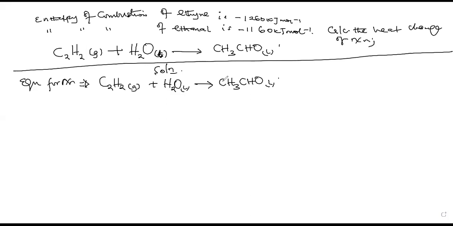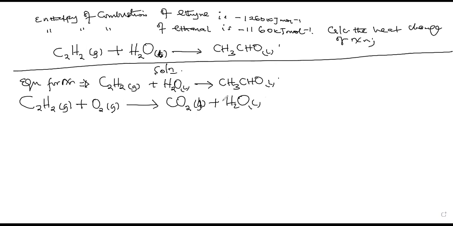Then from there, they gave us enthalpies of combustion. They gave us combustion of ethane. So ethane will undergo combustion in oxygen to form carbon dioxide. Provided you see carbon and hydrogen undergoing combustion, you form carbon dioxide gas and water.